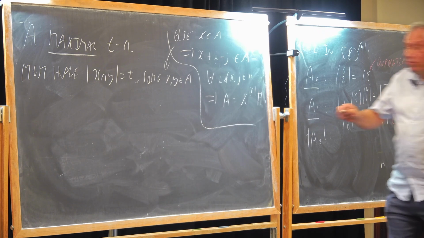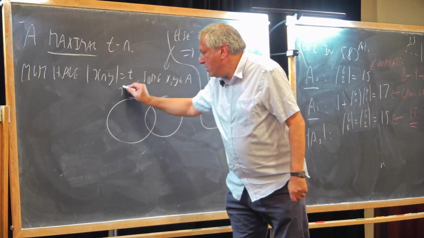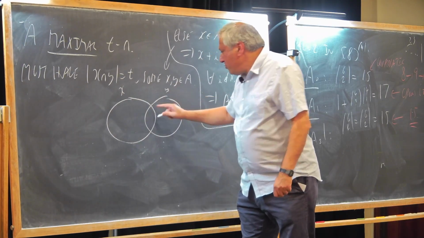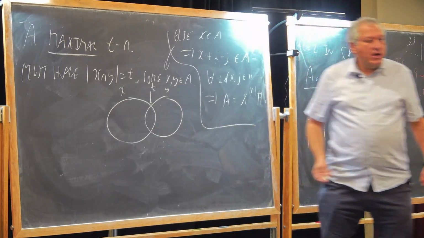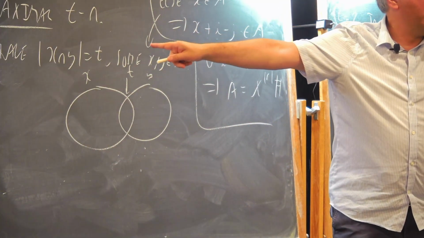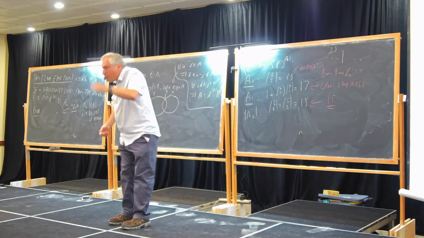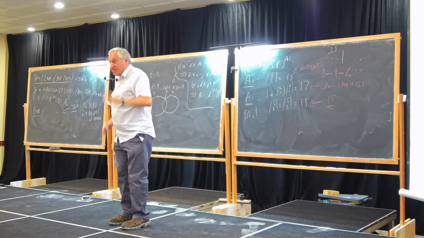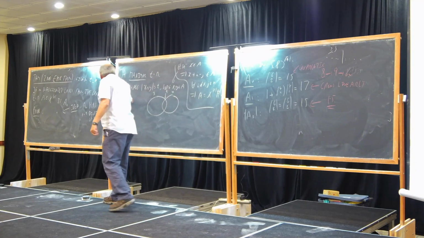Okay, picture time. Here's x. Here's y. And there are t points, this bit here is of size t, right? Now, of course, if A is contained in a family like A naught, we're done. If inside A there are t points which belong to every set of A, trivially done. So we're going to assume not.